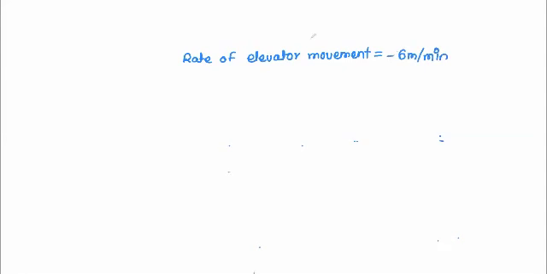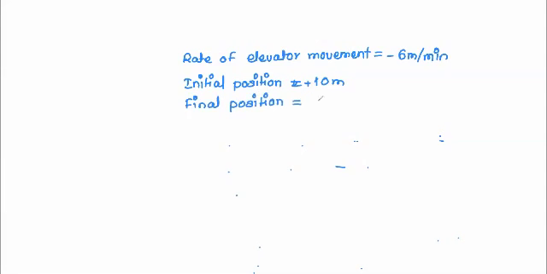So the initial position was equal to 10 meters above ground. So because it is above ground, we are going to take it plus. And the final position where we have to reach is equal to 350 meters below ground, which is minus. Okay. So now, how much is the total change of position?